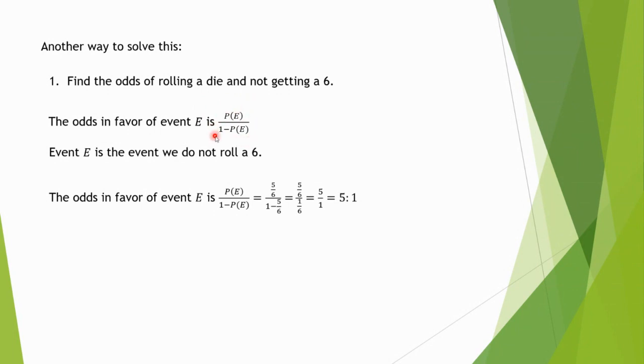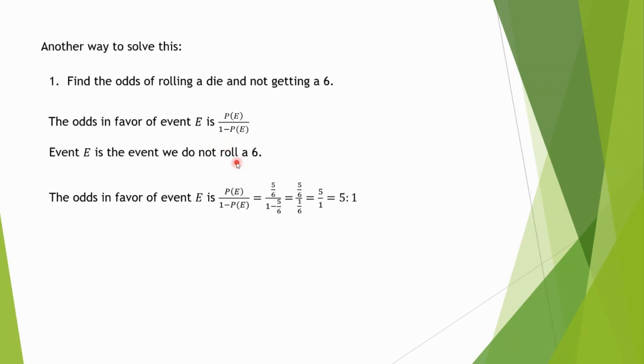That's what we get here. It wasn't actually defined this way, but I did show last time that is how it can be calculated. So event E in this case is that we do not roll a 6.